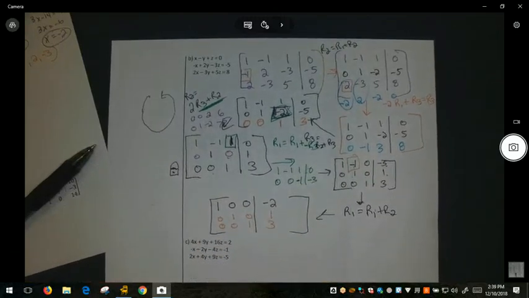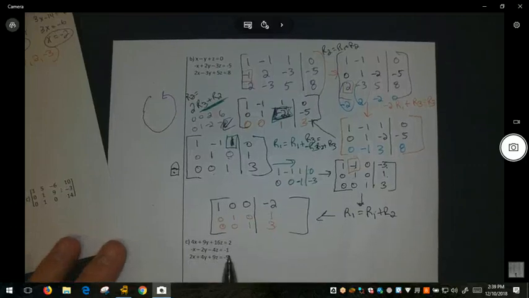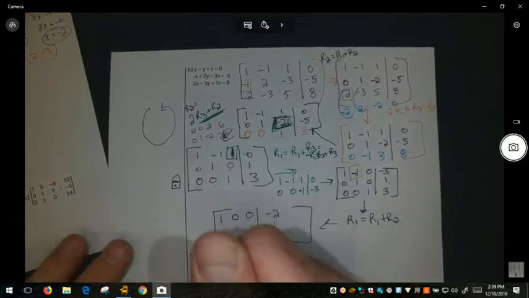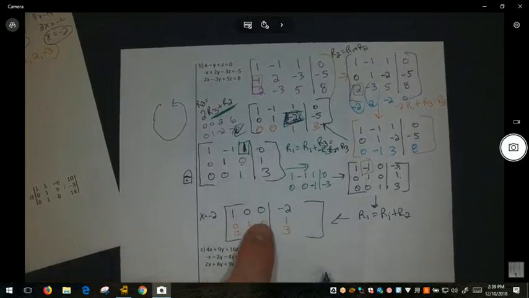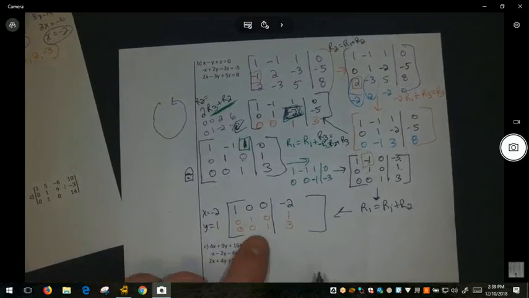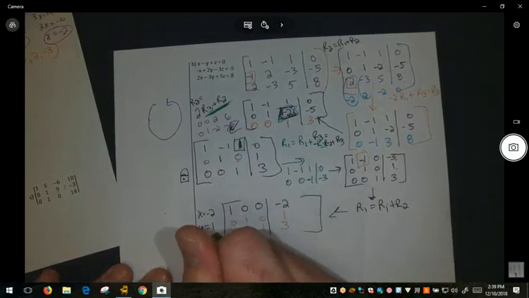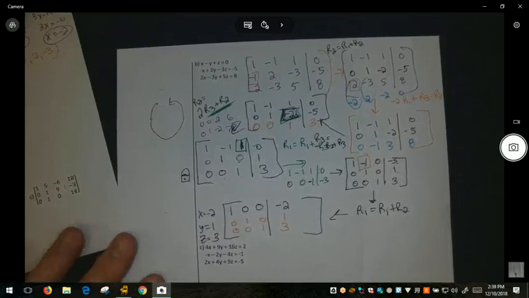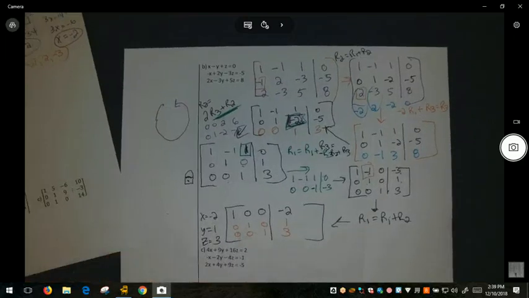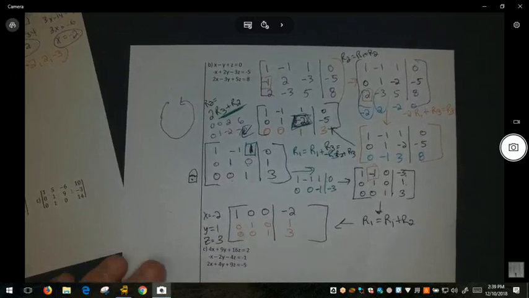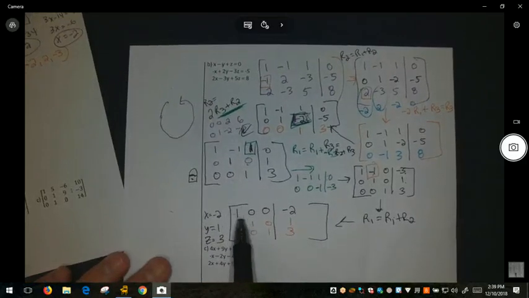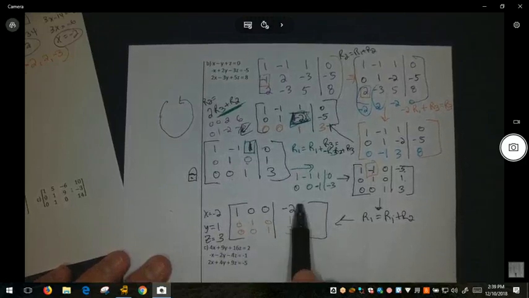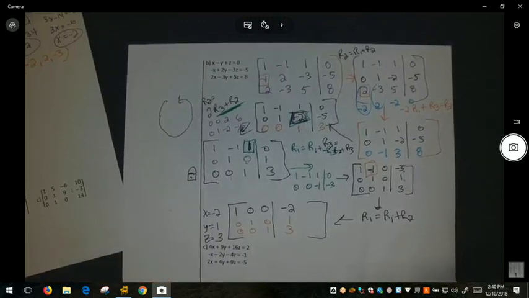What's nice is as long as I don't make any errors in multiplication or addition methods that we use, our elimination type methods, when I'm done, I'll know the exact answer for X, I'll know the exact answer for Y, and I'll know the exact answer for Z without having to do any substitution. Now sometimes we don't get ones here. It's not a perfect system and we may get fractional answers, but we know a number here. Maybe this number was 2. Then I would divide this and this by 2 and I'd have my answer for X.